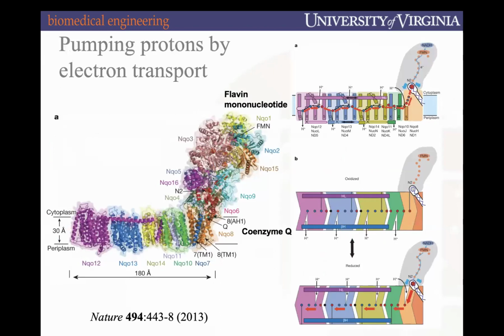About 11 years ago now, we finally got the structure of some of these complex proteins and what they actually look like. What was determined is that there are actually these electron pores present within these complex proteins at the inner membrane of the mitochondria.